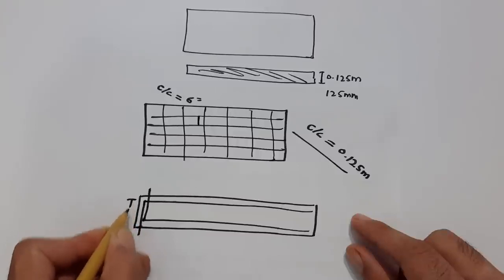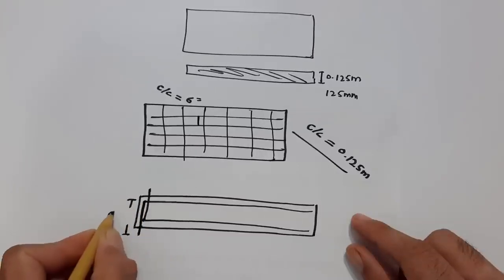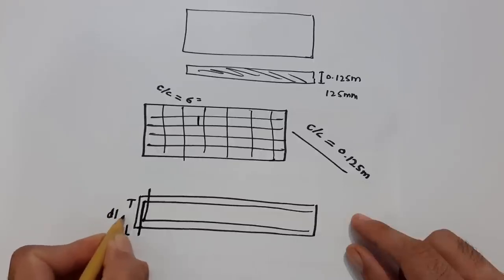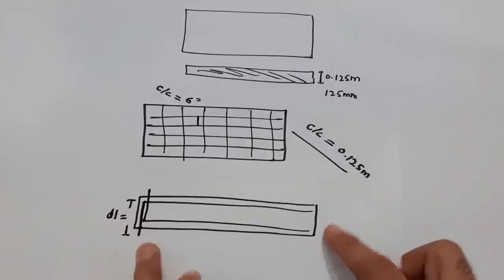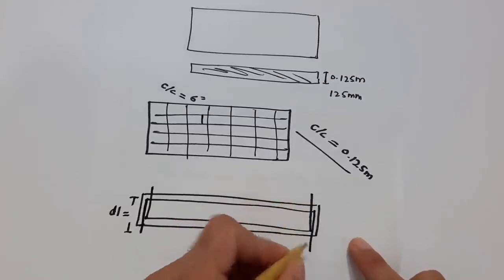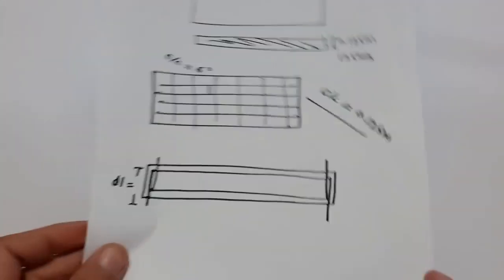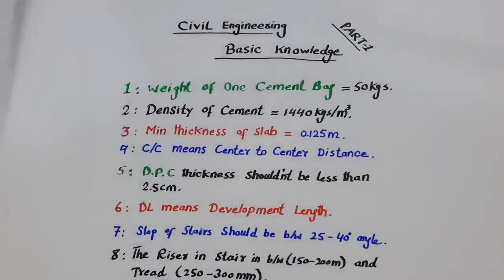So, guys, this length, from here to here, is called DL, development length. This is called development length, which makes a good bond between steel and concrete. So at the end we are providing these.